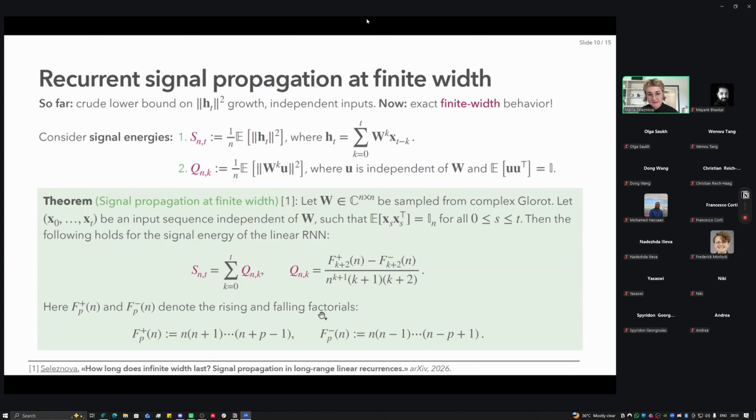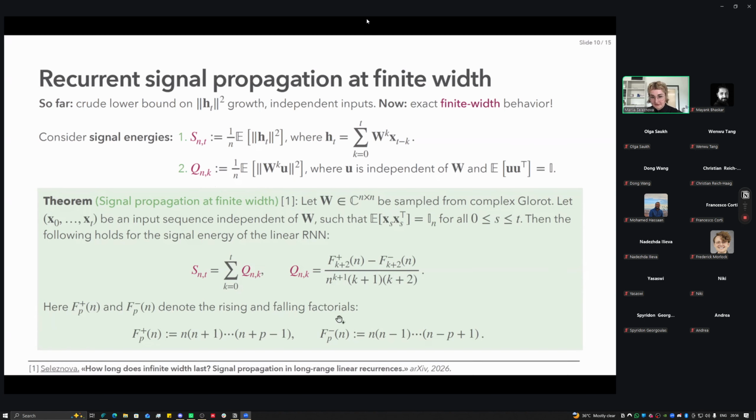The theorem on the slide tells us that for complex Gaussian, complex Glorot initialization, under fairly general input sequences, we only require, for simplicity, that they are whitened, which is also not necessary here. Basically, the input sequences don't have to have any independence across time. It's a pretty general result. So we can figure out the exact closed-form expressions for both signal energies S and Q for any finite n, t, and k.